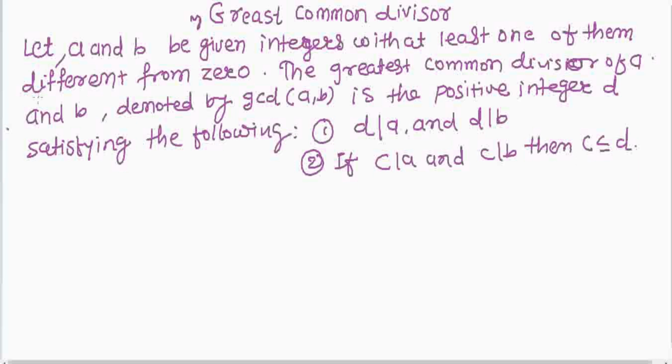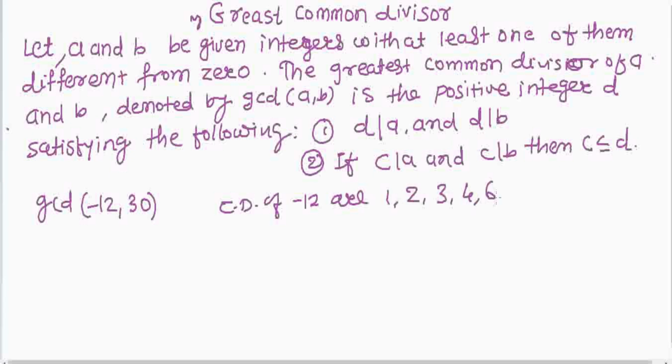Suppose that we want to find the greatest common divisor of -12 and 30. Then see the divisors of -12. Divisors are positive, so the divisors of 12 are 1, 2, 3, 4, 6 and 12.